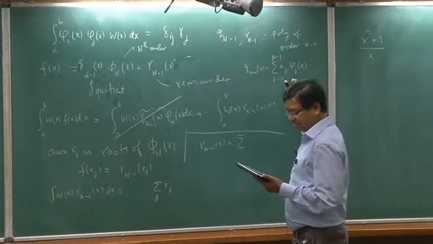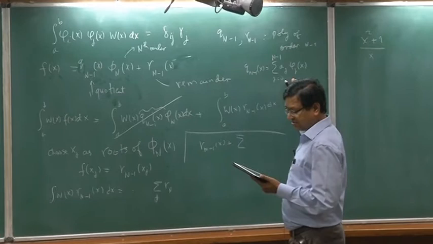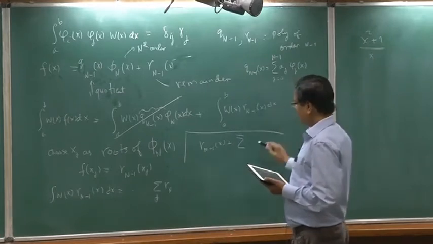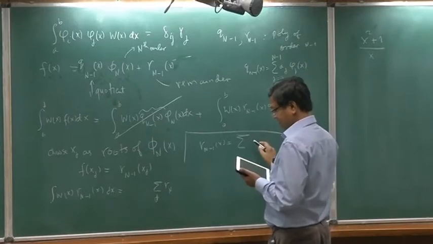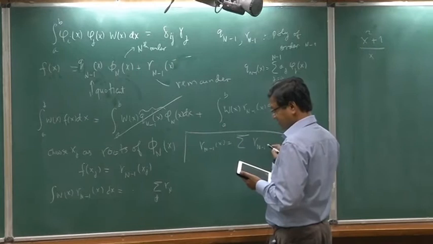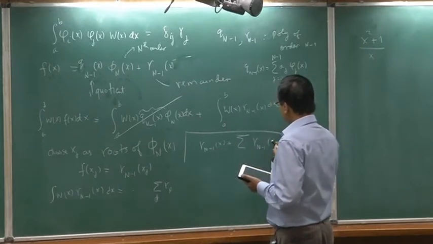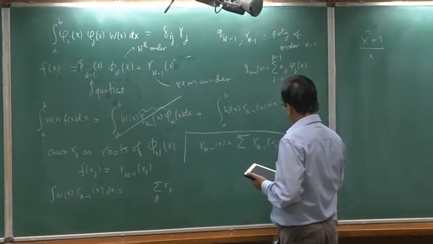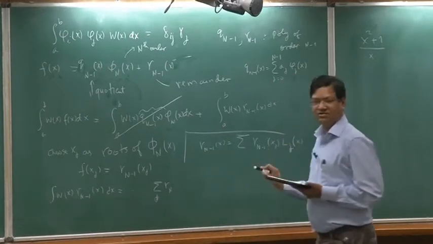I want to do Lagrange interpolation, not phi_j's. So do Lagrange interpolation. So this is R_{n-1} with the same points x_j, L_j(x), this Lagrange interpolation.